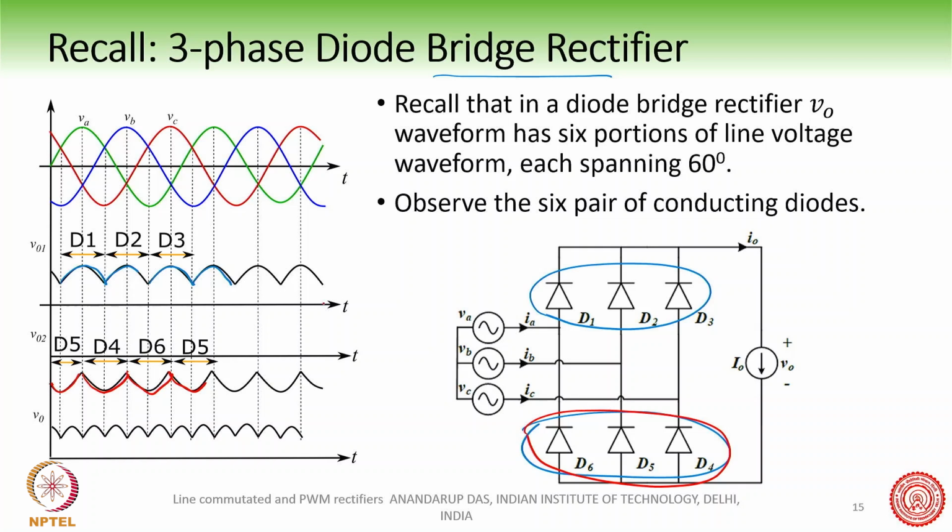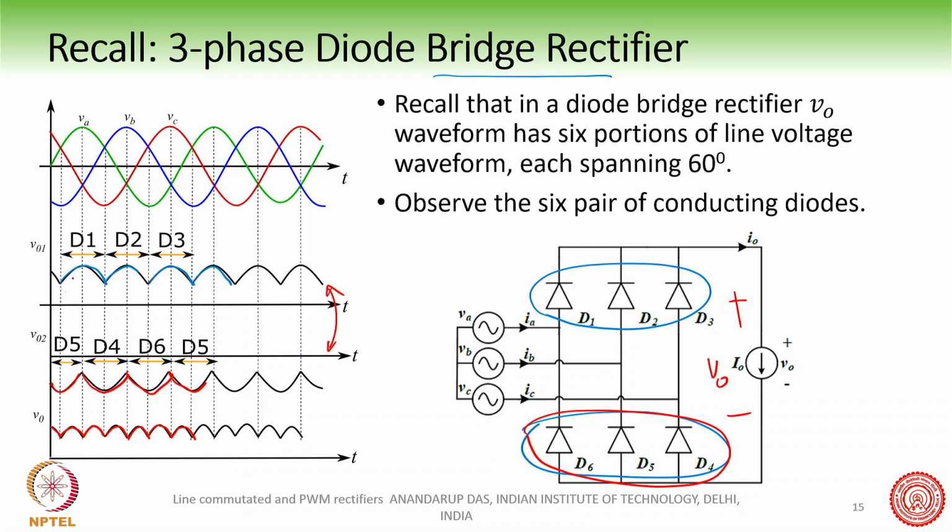And when you add these two up, we get the voltage appearing across the output, which is typically this 6 lobe waveform, so we call it the 6 pulse rectifier. There are 6 lobes in the output voltage, and of course you can see here how the 6 pairs of diodes conduct.